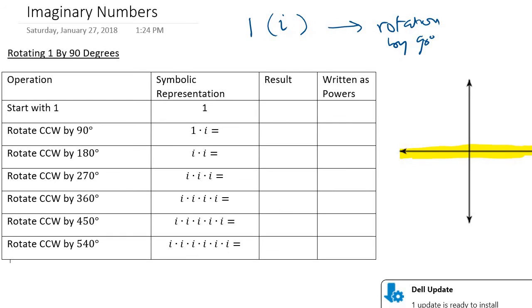When we rotate a given number, like the number 1, by 90 degrees, we rotate onto another axis. That axis is the imaginary axis. We end up with 1 times the imaginary number i, which gives me i over here.